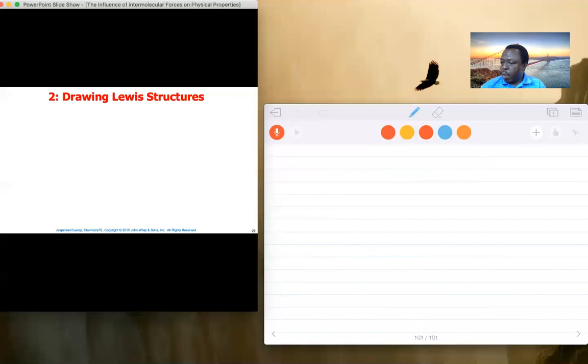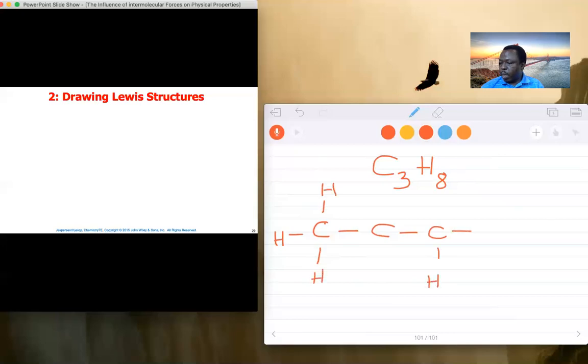For example, how will you proceed with something like C3H8? This is an organic molecule. The way you approach an organic molecule is you draw the backbone first. This is the structure, 3 carbons. Remember, carbon forms 4 bonds. I'm just drawing the skeleton. How do I know that it looks like that?